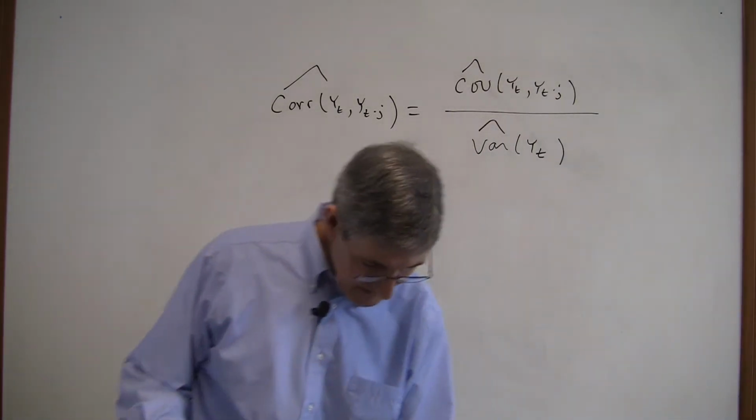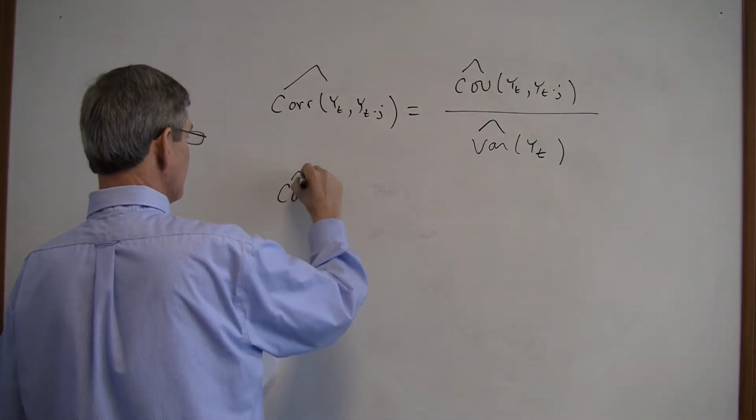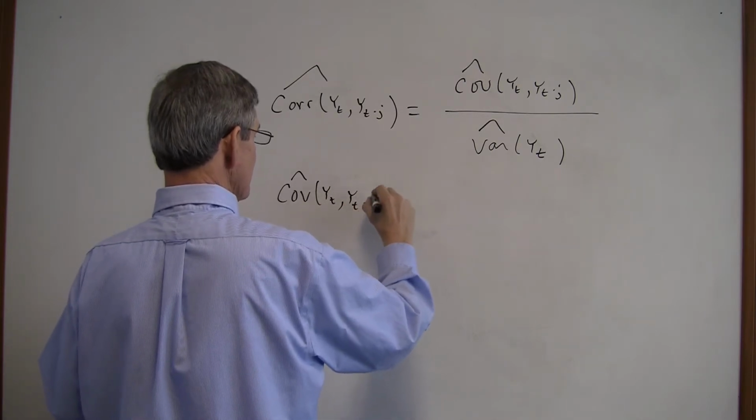Now the covariance itself, the estimated covariance of yt, would just be this formula.